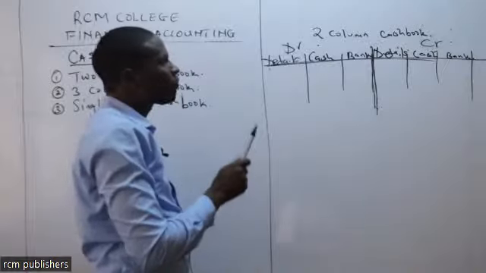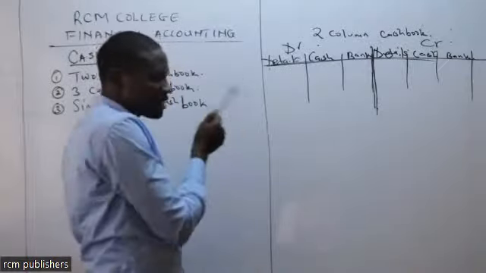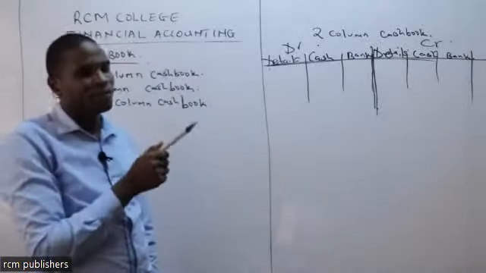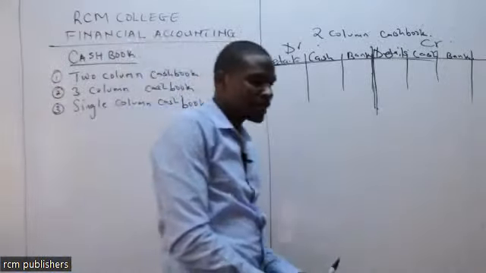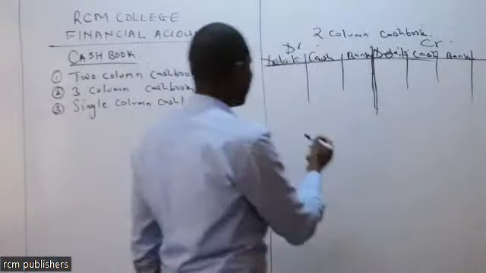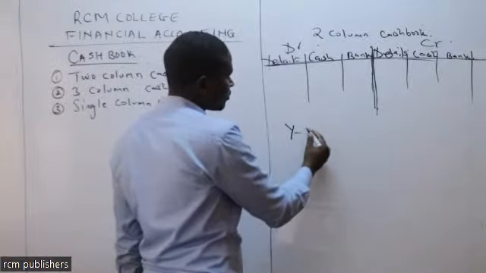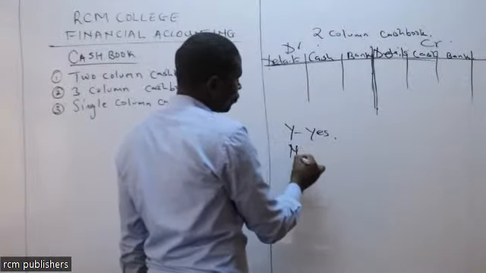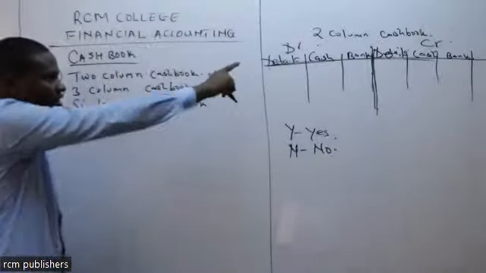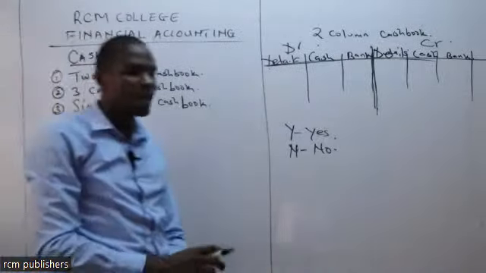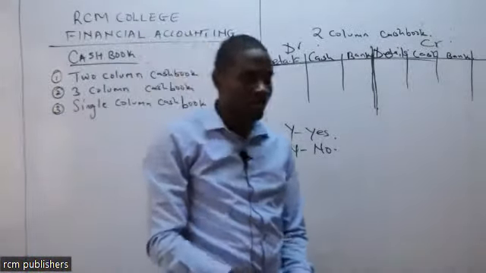Now, if I talk about a 2-column cash book, this is a 2-column cash book. Are we in agreement? Remember, our communication is just using Y for yes and N for no. Today, you're going to learn a lot.